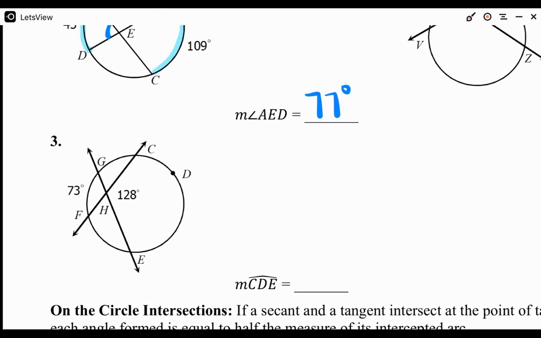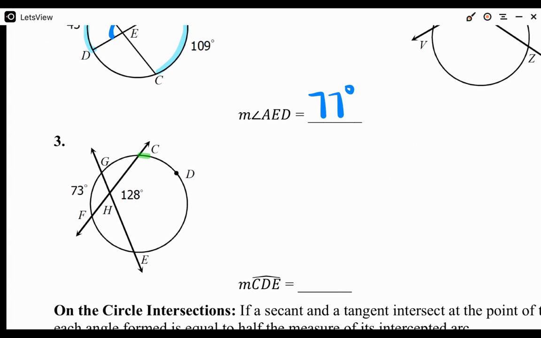Number 3, this time around we are looking for an arc measure. So we're looking for the measure of CDE. So CDE is this arc right here, and I'm going to call that arc X. So using our formula, we know that our angle measure, 128, is equal to half of our two arc measures added together.